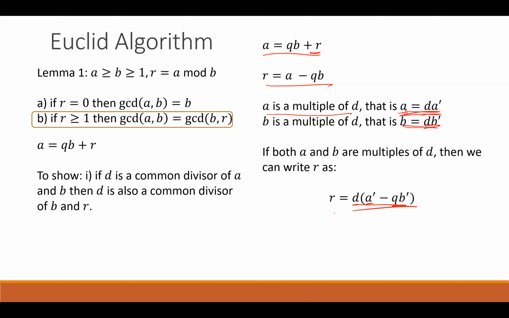And then dA prime minus Q dB prime have a common factor of D. So if D is a common factor of A and B, which we assume here, then it's also a common factor of R. Okay. So we've shown one direction of our bijection.